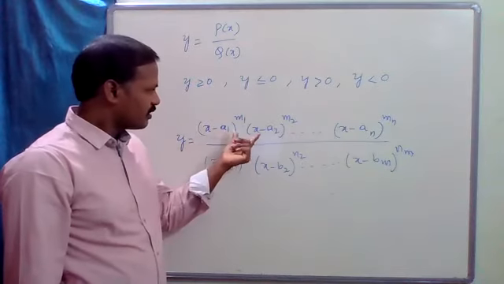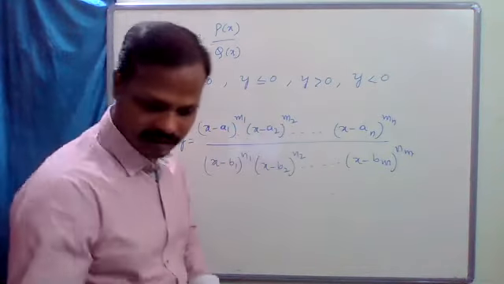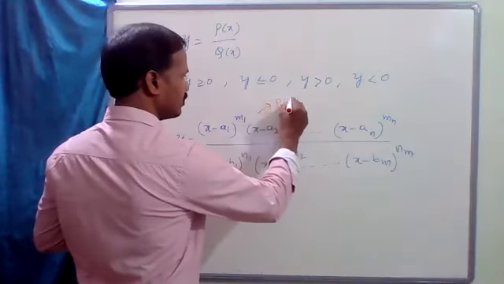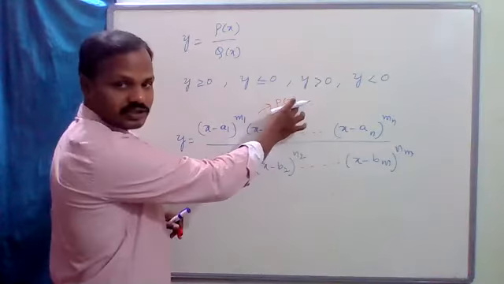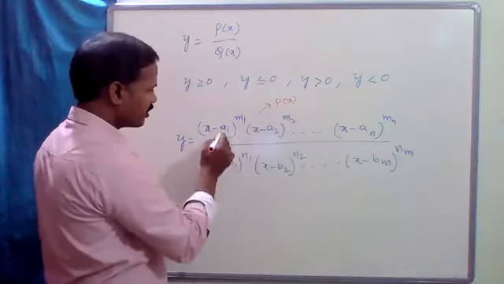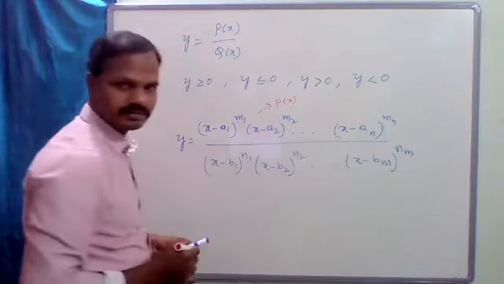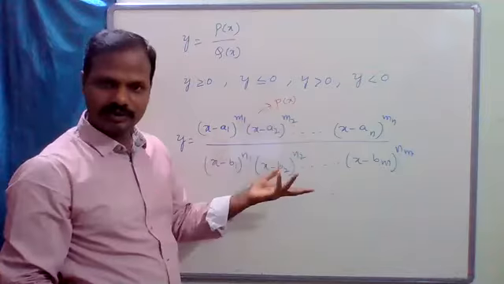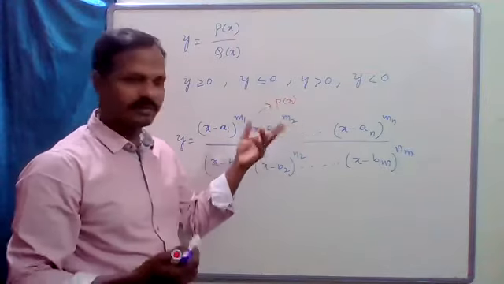Now, in this p of x, the roots or zeros of p of x are a1, a2, and so on, an. Yes or no? If x value is a1, p of x becomes 0. If x value is a2, p of x becomes 0.